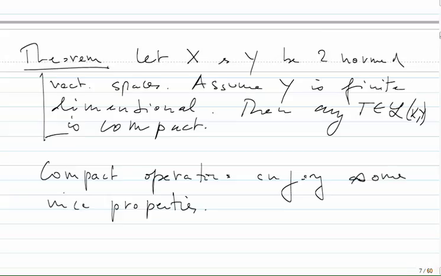I mean, it's not true that the range will be, no, sorry, the zero operator will not be a good example because the range is the 0 vector which has dimension 0. No, the example is the first one we started with, the one with the kernel K of xy. So the range is not a finite dimensional vector space. Okay? So if it's not a finite dimensional space, what can we say about the range? Okay, so here it's about the range. So some of the properties of the range are, number one, theorem.